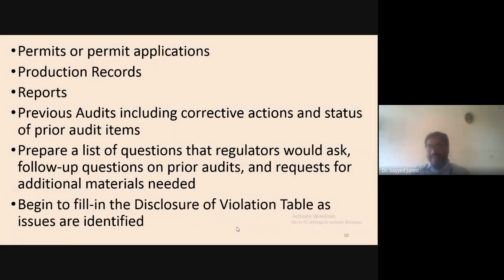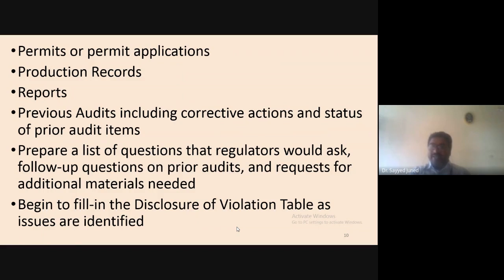Permits or permit applications. If you want identification of the plantation or anything, you can also use applications. Different kinds of applications we can also use. Production records. In these production records, we have to produce various documents like the plantation: which plant you created, what the plant is, when you did the serving of the plants, so different kinds of reports.